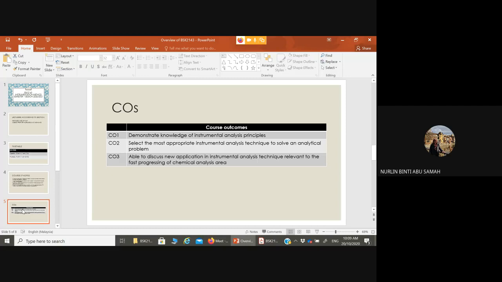And the third course outcome is to be able to discuss new applications in instrumental analysis. You should be able to discuss this instrument without any help from the lecturers.